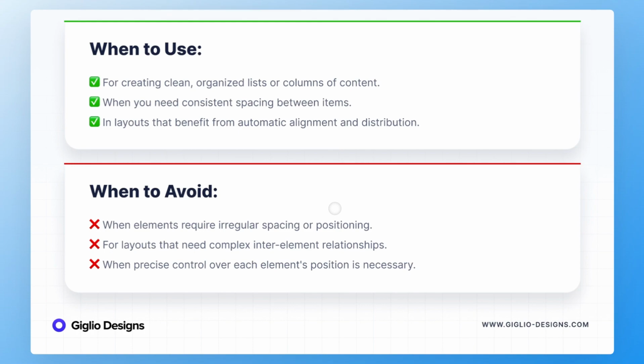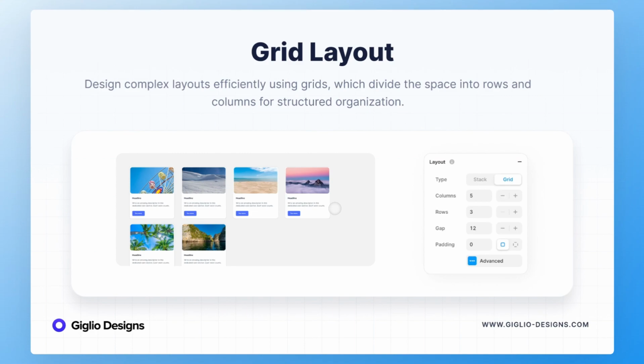So stacks are going to be used for the very most part in pretty much every single Framer site, but there's going to be those instances where you probably just want to use a single element or simply group them in other ways. Now let's talk about the grid layout.